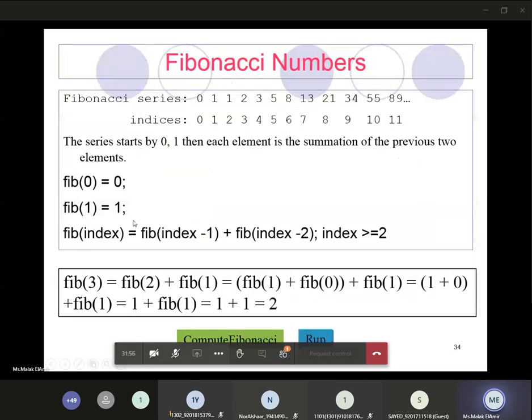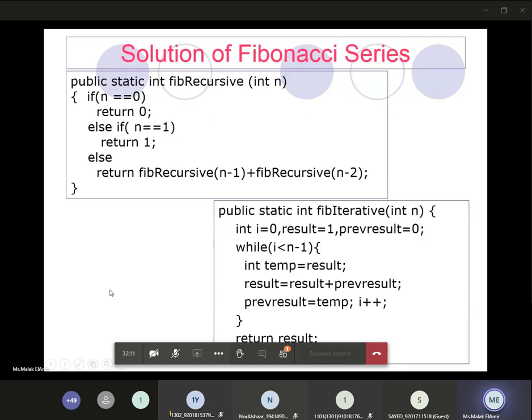Now this will be the Fibonacci of index: Fibonacci of index minus 1 plus Fibonacci of index minus 2 if the index is greater than or equal to 2. So this will be the Fibonacci of 3 as we wrote it together. Let us write the code. The code will be like the following. Public static int fibonacciRecursive(int n).